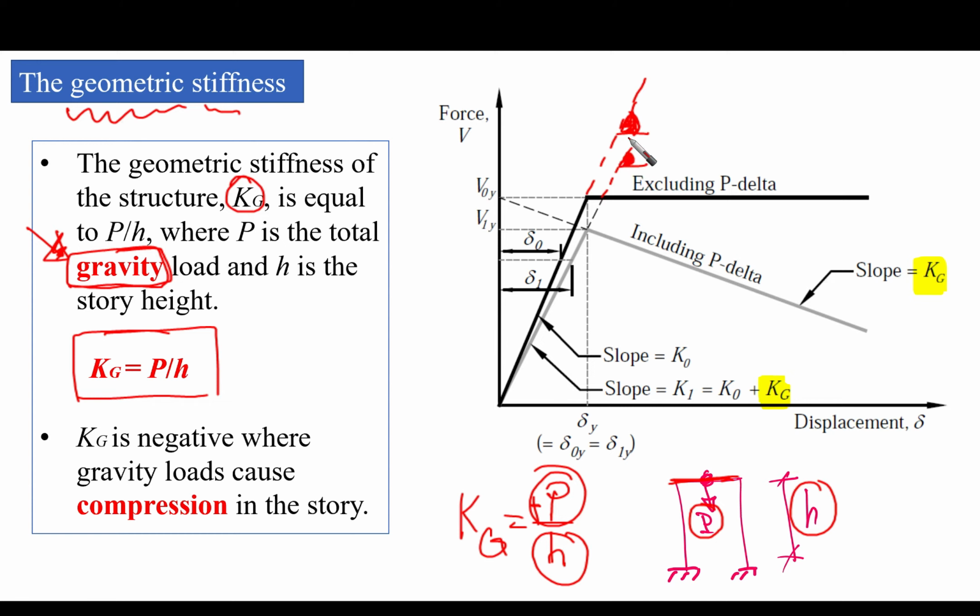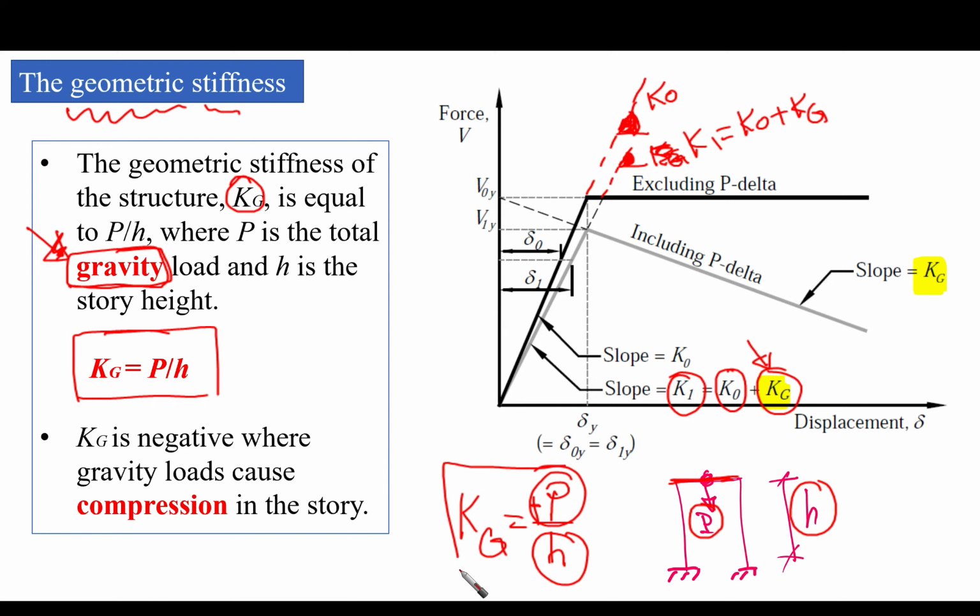So we have the angle here and here. This one is K node, this one is... sorry, it's not KG, it is K1, which equals K node plus KG. So as we denoted before, this is K1, which is equal to K node plus KG. So KG, what is it?